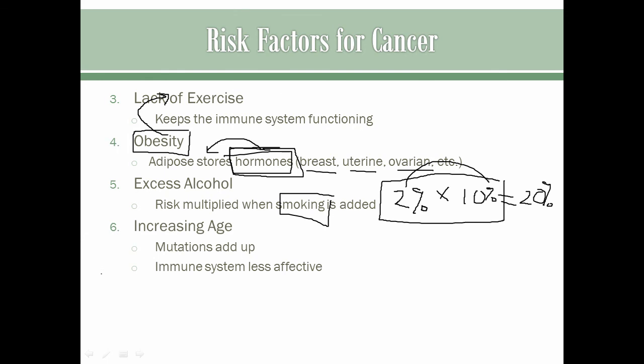Another reason is that our immune system becomes less effective and we don't have the ability to fight off cancerous cells. Our body a lot of times identifies those cells as cancerous and gets rid of them, and if our immune system is less effective, then it can't get rid of them quite as well.